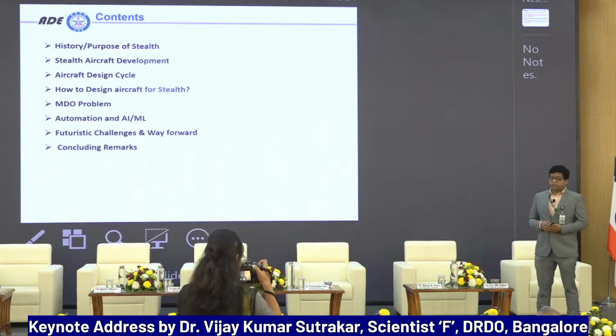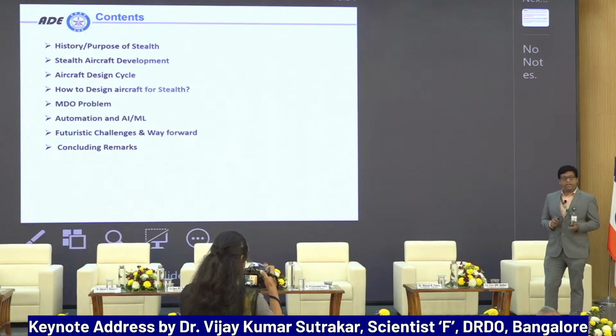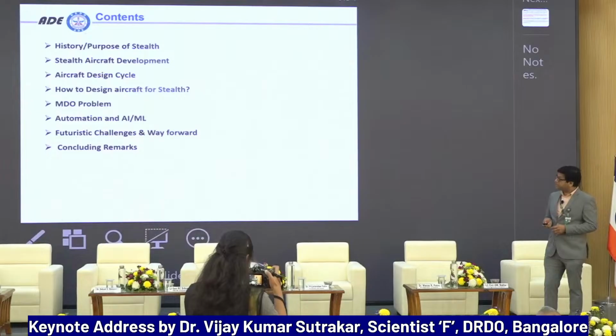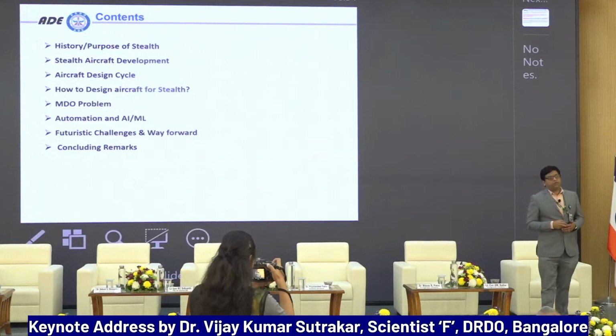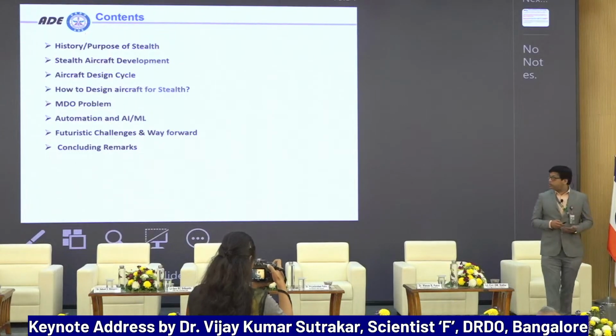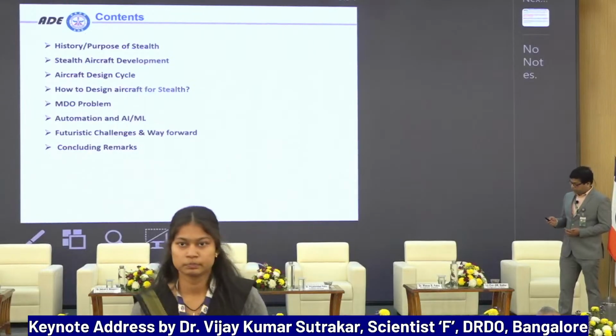I've kept a few problems here specific to students, to help them understand where AIML can be utilized in this domain, and some future ways forward: where we stand today and what we have to do next, along with the concluding remarks.